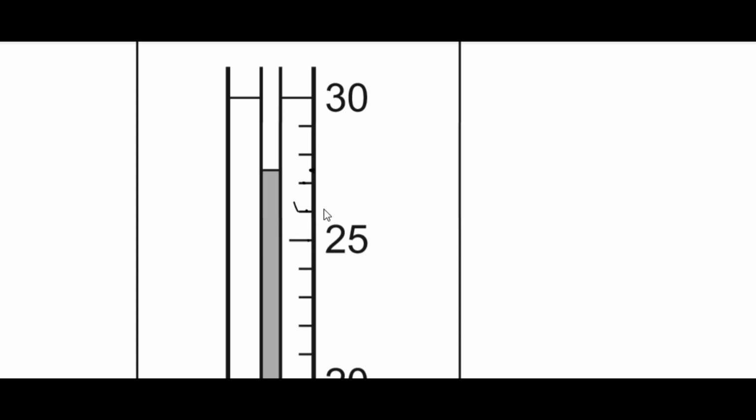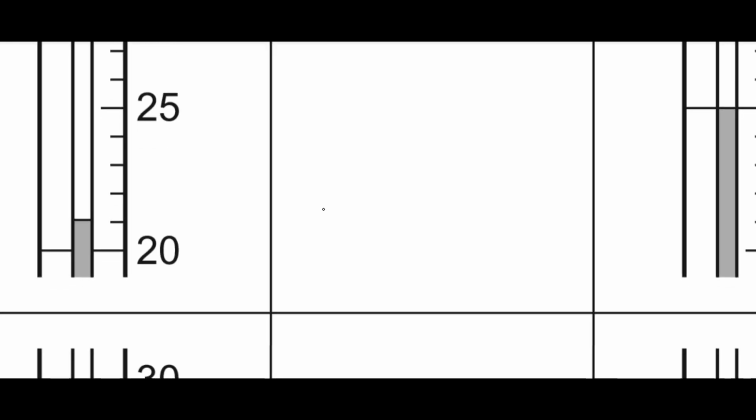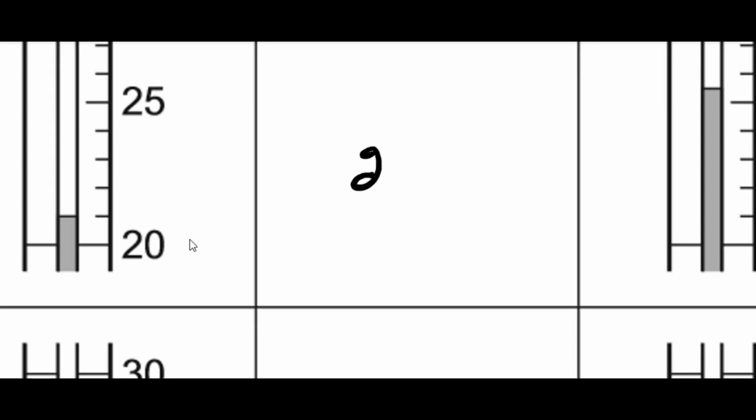It is above 27, so it is 27.5. It is between 27 and 28, so it is 27.5. This one again is 21.0, so we would be writing 21.0 Celsius here.